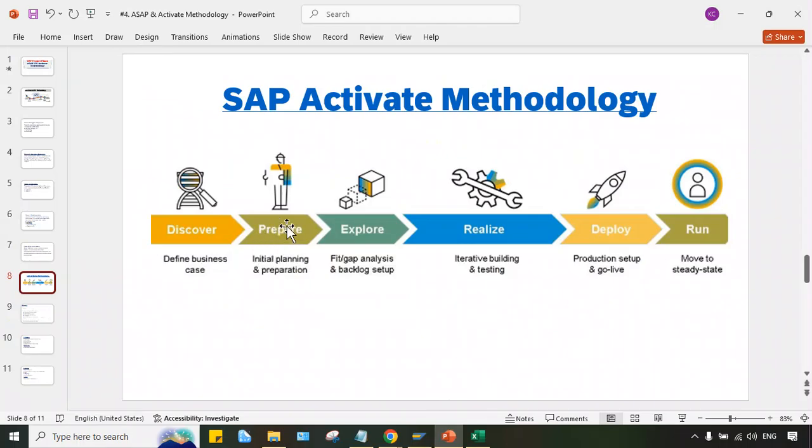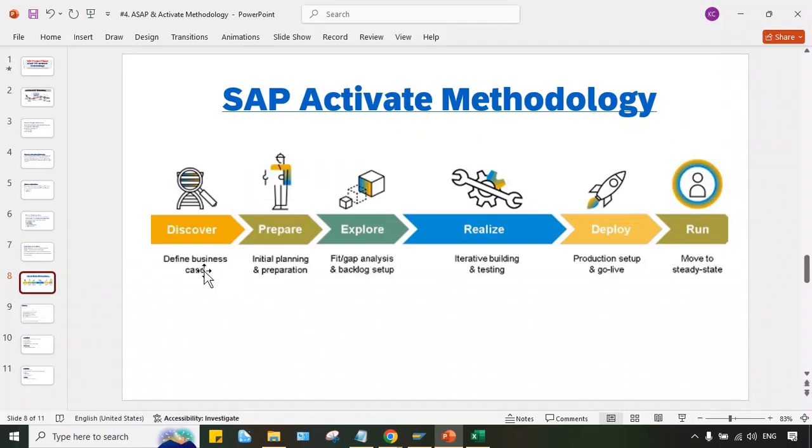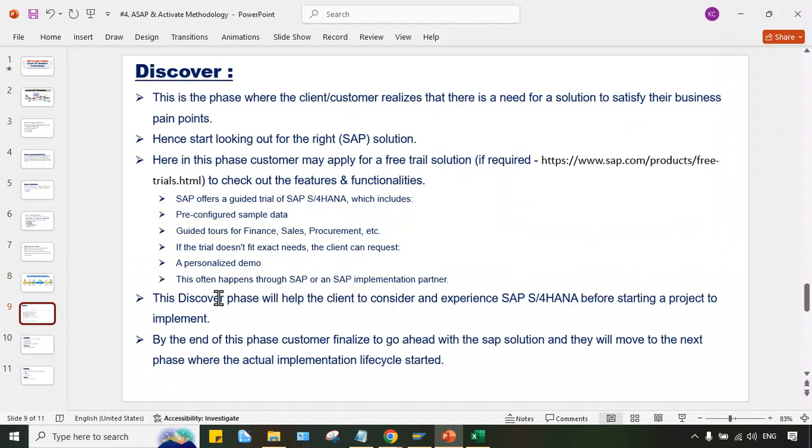In the first phase only client involvement is there. So in Activate we have a total of 6 phases. These are the 6 phases which I have specified. I'll explain one by one what is happening in every phase now.